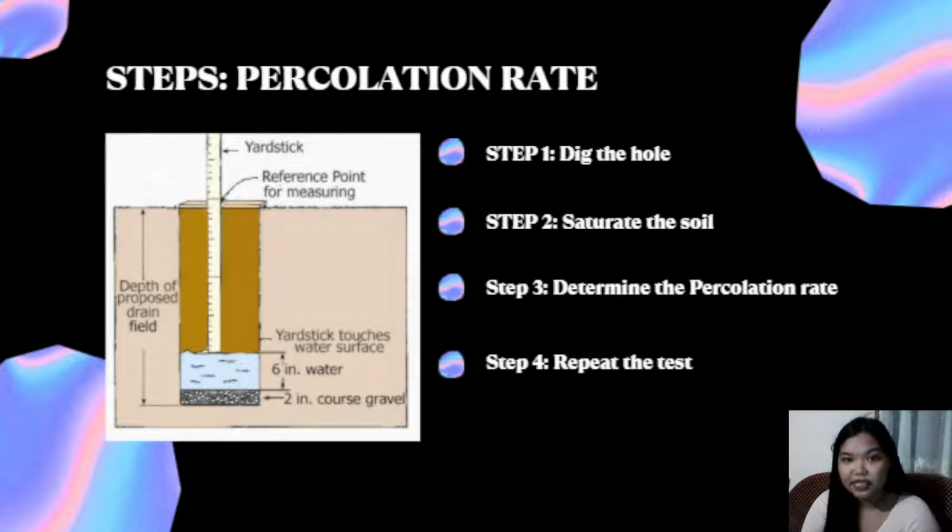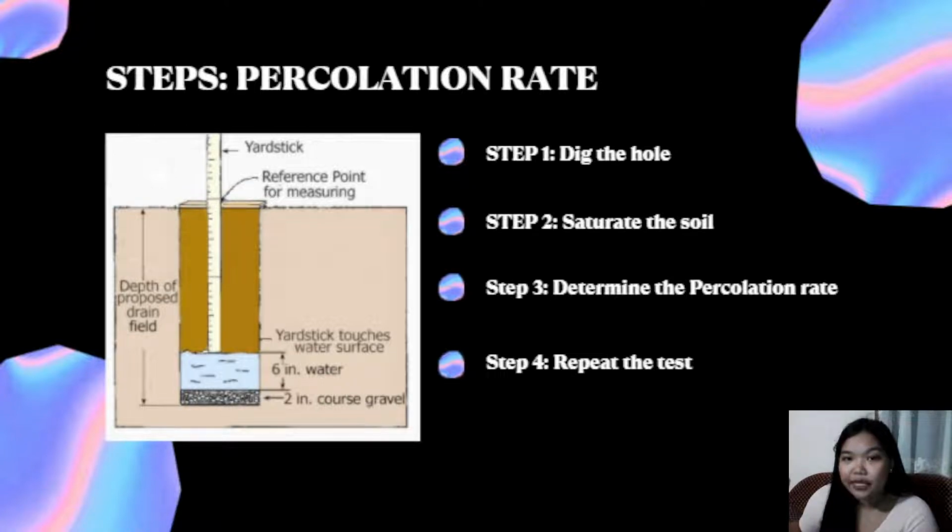Alternatively, if the water hasn't drained away within 6 to 12 hours, that means your soil is too dense and therefore also unsuitable. In either event, the test has failed and it will be unnecessary to continue the further steps.